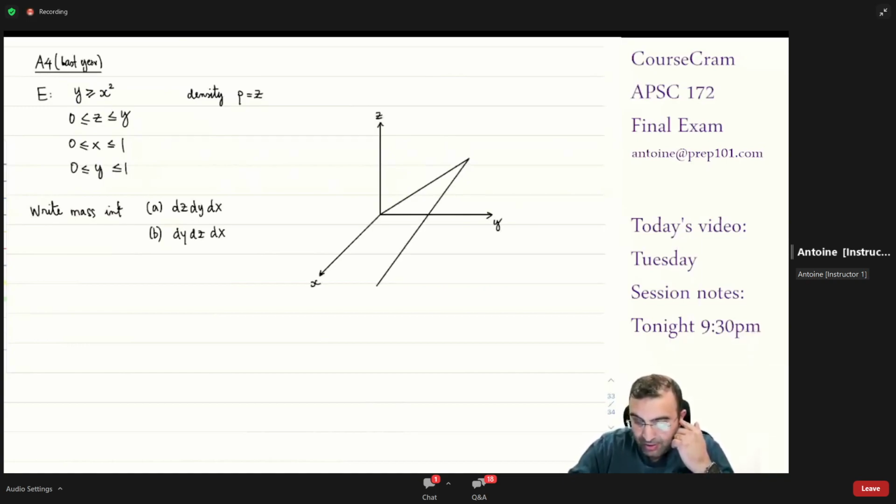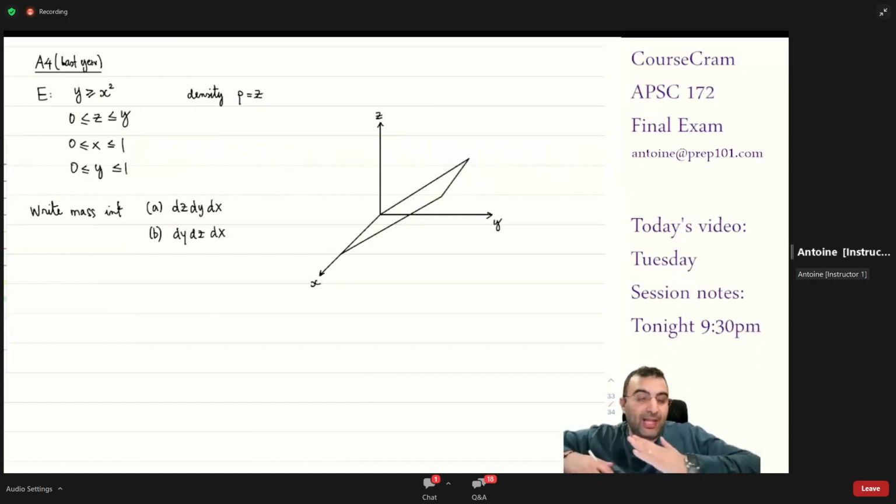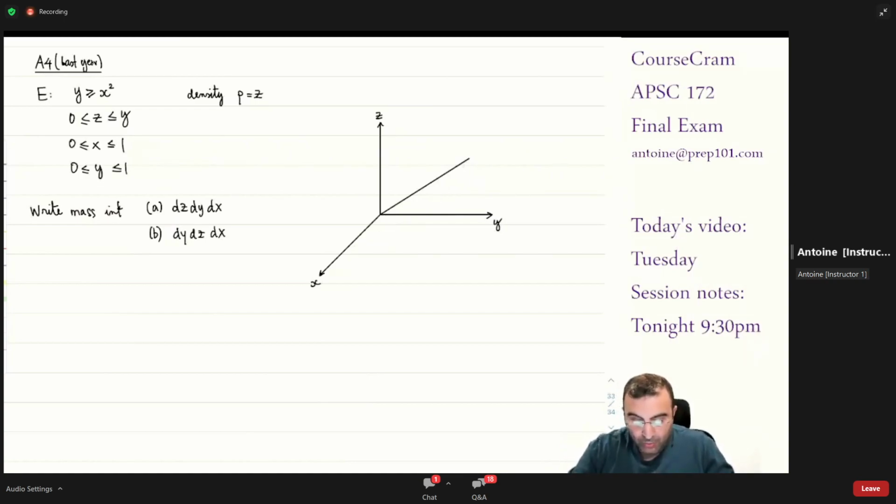It's a plane, like a sheet of paper that extends everywhere. It's a sheet of paper just lying on the x-axis, and then it goes everywhere. We're going to keep that in mind once we draw things. This is y equals x squared.